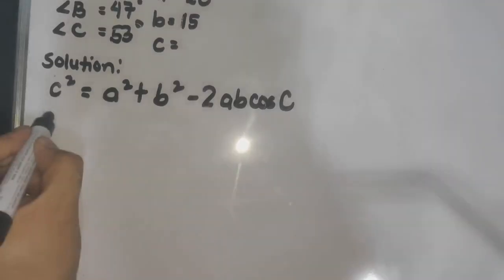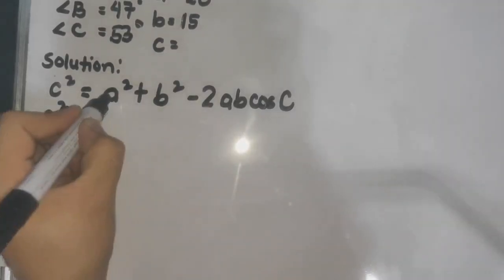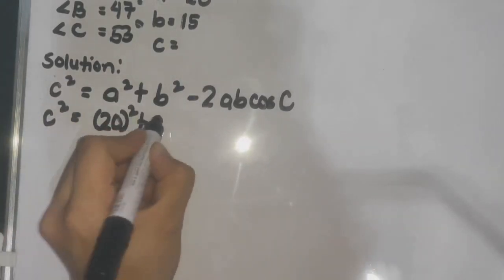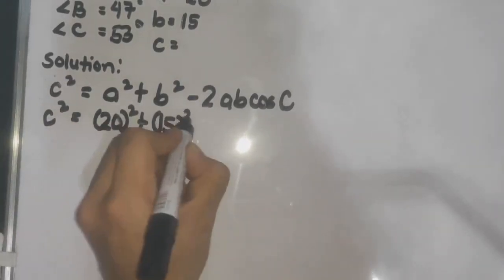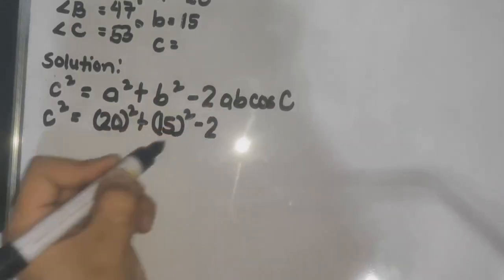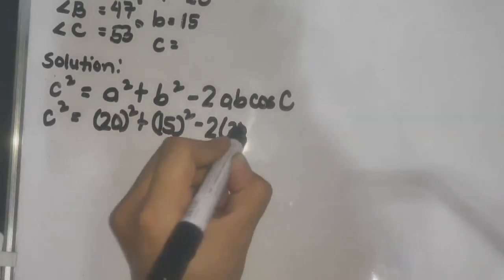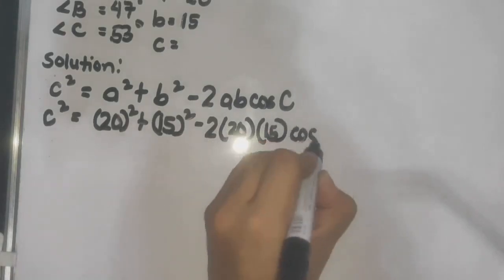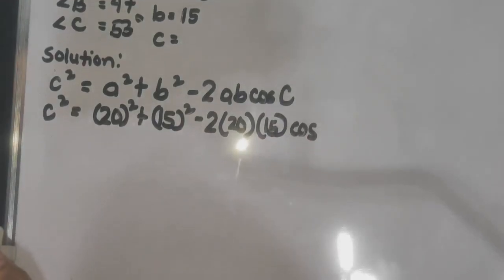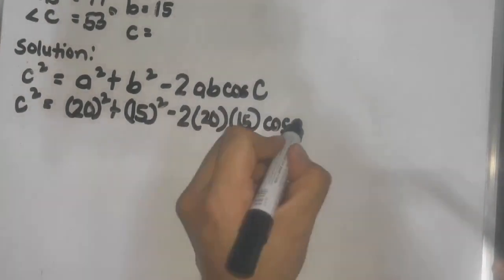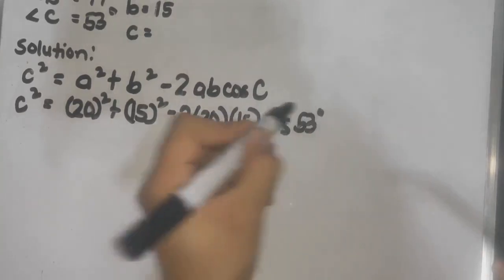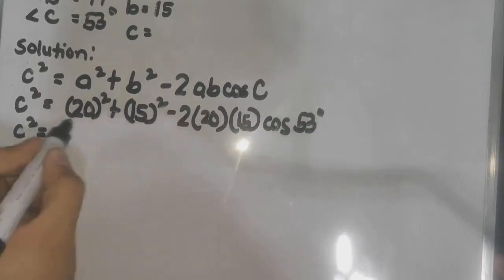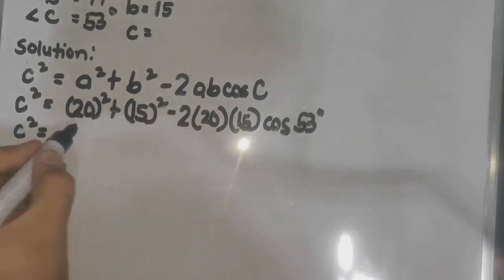So we have C squared is equal to, value ng A is 20 squared plus B is 15, then exponent na 2 minus 2 times 20 times 15 times the cosine of angle C. Ang value ng angle C natin is 53 degrees.